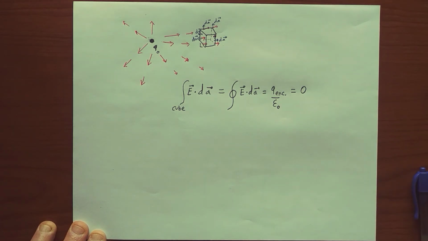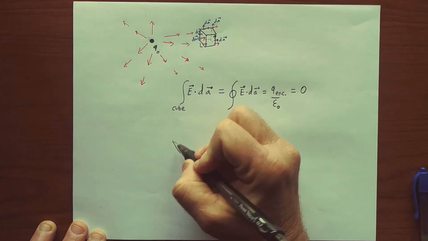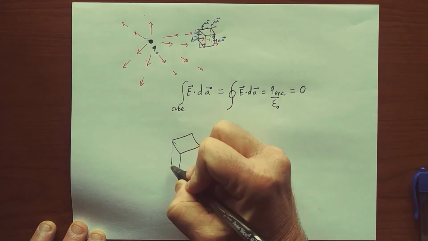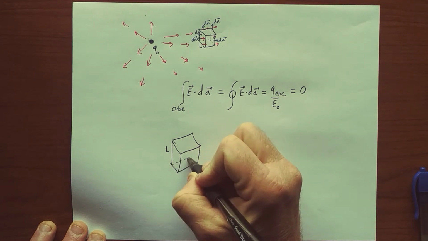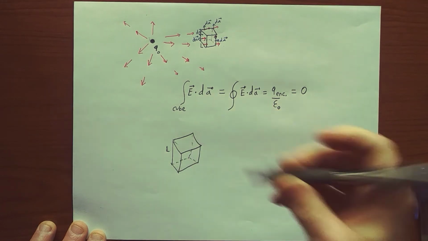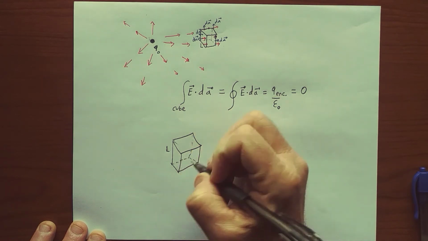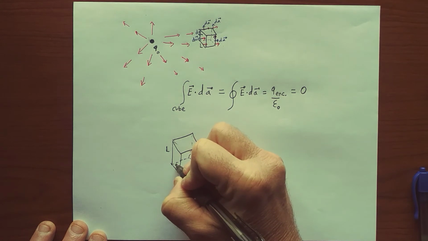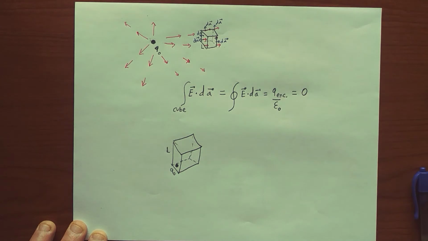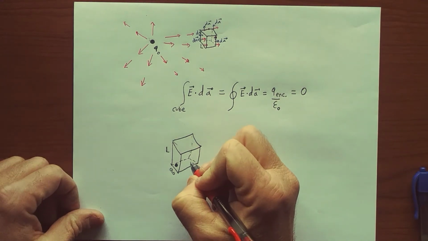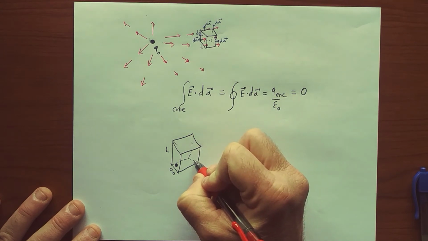The electric field comes in somewhere and comes out somewhere else, and the total must add to 0. Okay, so let's think about how to get a non-zero electric flux through the cube. So if I draw my cube down here, side L, and now I want to place my charged particle inside the cube, but not right in the middle, somewhere over there. So that's Q naught, and it produces an electric field, which, given that I want to integrate over the surface, let's just draw on the sides.